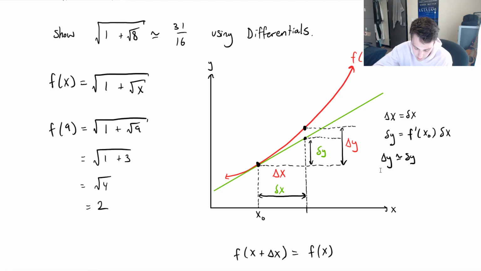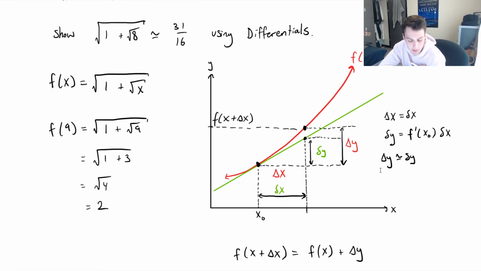It's the function's value plus the delta y, right? That would make sense. Okay. And actually, let me just put on the graph what point we're referring to here. This right here is f of x plus delta x. Okay.